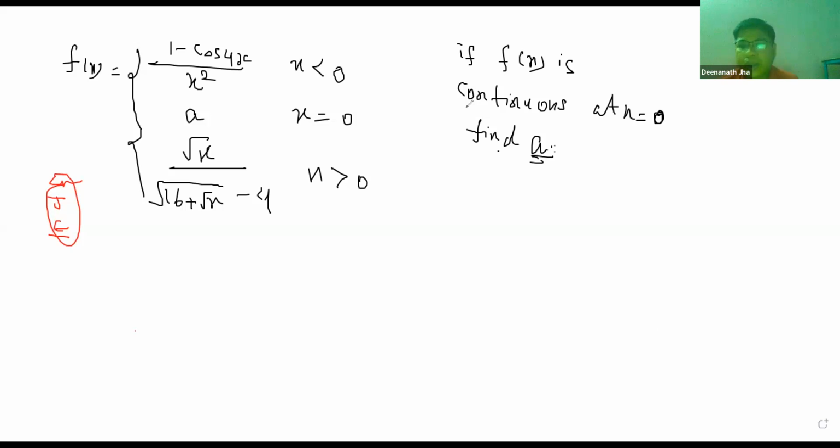No problem. Write down 1 minus cos 4x by x squared, and find A. Solve it.